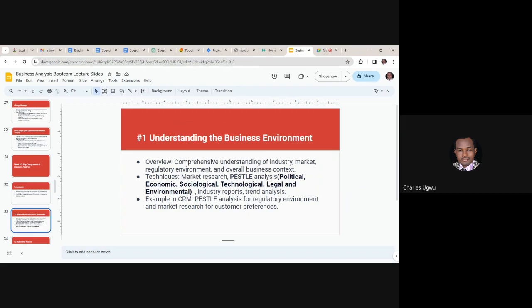If you go to Gartner, they provide a good report, and not only Gartner, so many consultancy firms provide this kind of comprehensive information and data about the environment of every technology. So you need to do market analysis and research.